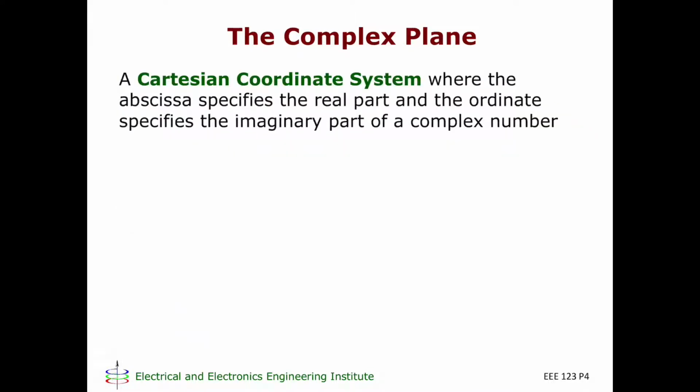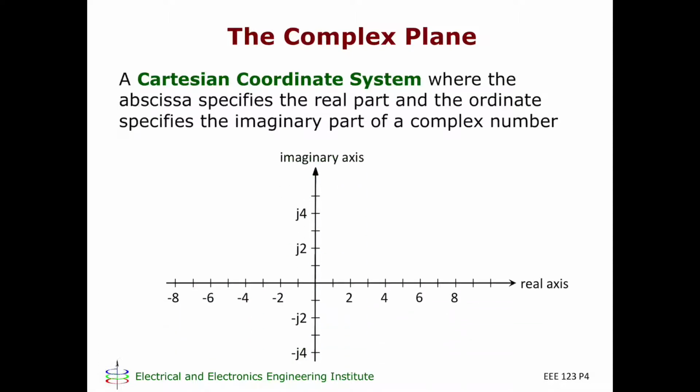The complex plane is a Cartesian coordinate system where the x-axis specifies the real part and the y-axis specifies the imaginary part of a complex number. This is our complex plane. So here are examples of complex numbers plotted in the complex plane.